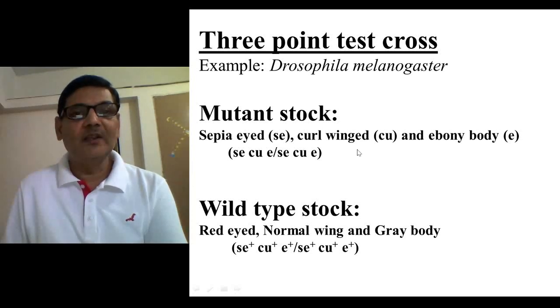So what will happen in the next generation? You will have heterozygotes, male and female, in which one chromosome will be carrying sc plus, cu plus and e plus, and the other chromosome will be carrying sc, cu and e. So this situation will be there, which you can see in the next slide.